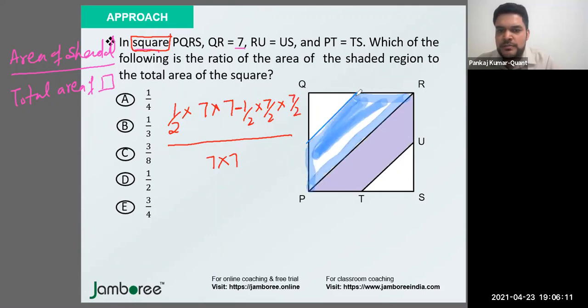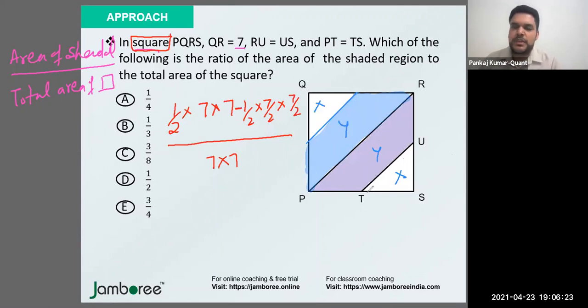Let's say this is X and this is Y. So this will be X and this will be Y again, because there is a symmetry. A square is a symmetric figure. A circle is a symmetric figure. A rectangle is a symmetric figure. A rhombus is a symmetric figure. A rectangle is symmetric along the midpoints by joining, a rhombus along the diagonal, and a circle along the diameter. So these are symmetric figures. What does that mean? That means whatever the right portion is going to be, the same portion is going to be on the left.